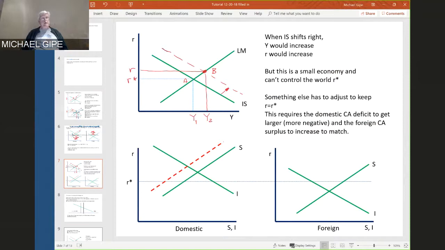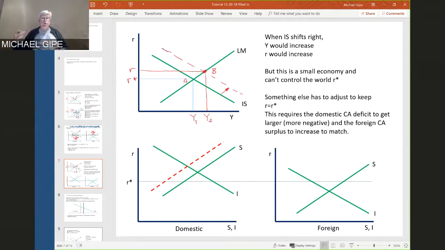But the problem is this is a small economy, and just having the domestic economy adopt an expansionary fiscal policy that would try to move this interest rate up and increase the output of the economy.